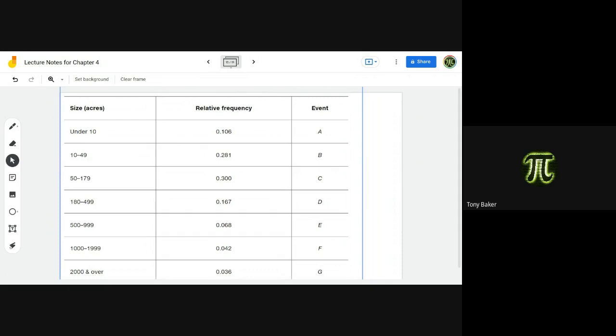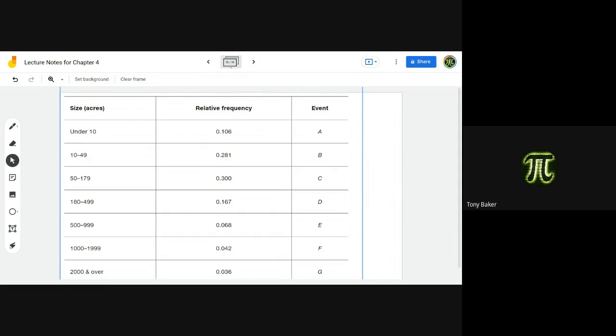When we were designing those, we made sure there's no overlap in the classes. So this one ends at 49, this one starts at 50, and there's nothing in between. They were all even breakpoints, so it wasn't a 49 and a half, for example. All right, so we've determined that they're mutually exclusive.